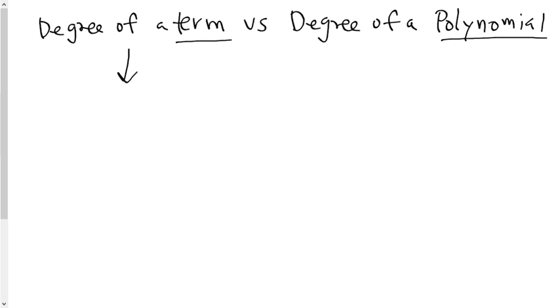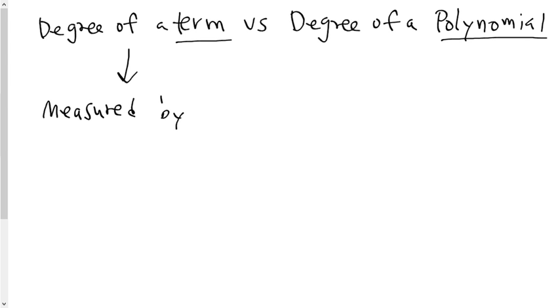The degree of a term is a fancy way of declaring the hierarchy of terms within something. And how do we measure it? Let's write the definition first, then we'll explain it.